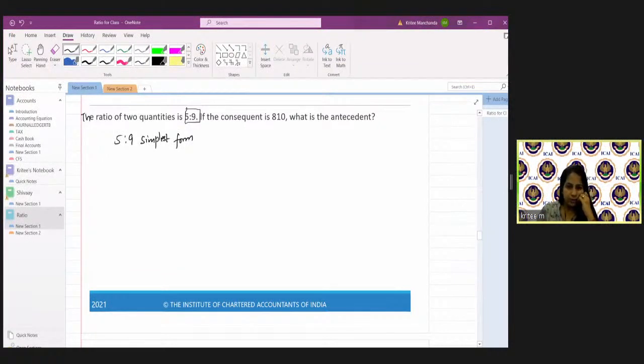So you may do it this way. The quantities be 5x and 9x. So 5x by 9x is 810. So basically you have to identify what this x is.